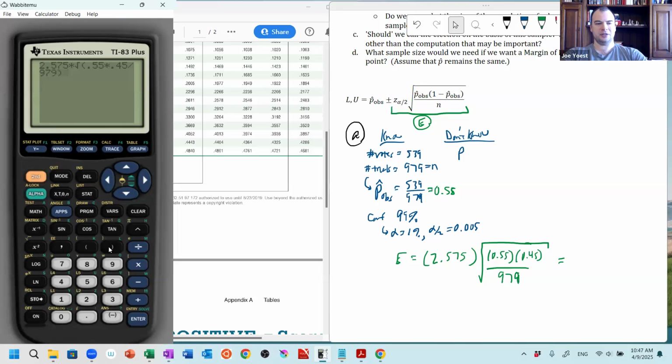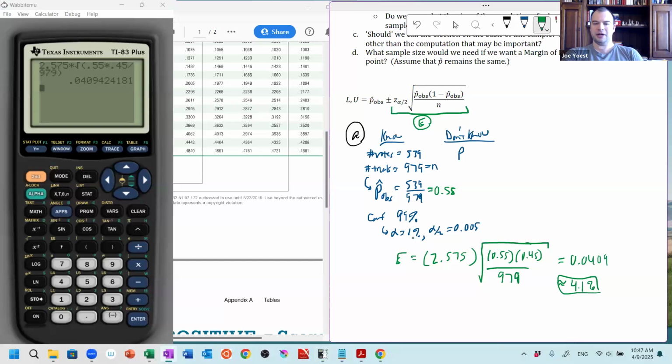And let's end that parentheses. Check everything. Does that look good? Looks good. And this gives me 0.0409. Or let's call that about 4.1 percentage points.